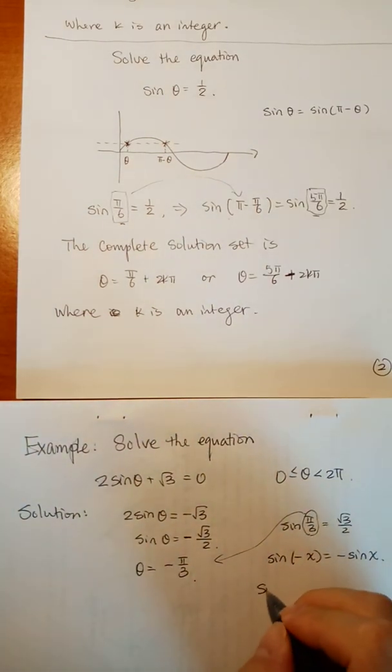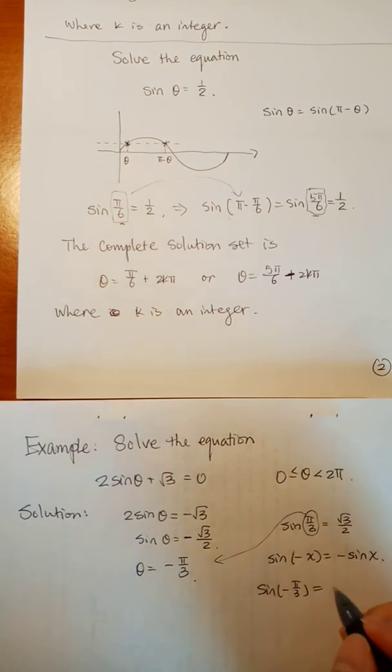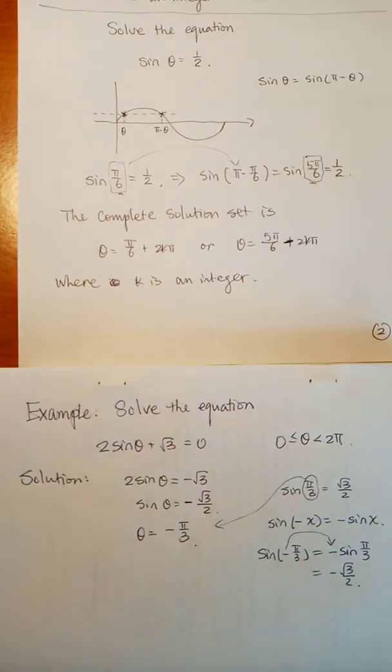It's because you see here sine negative pi over 3, by the odd function property, you can move this negative sign forward. And then you recall that sine pi over 3 is root 3 over 2, so you get it. Okay, so that's all.